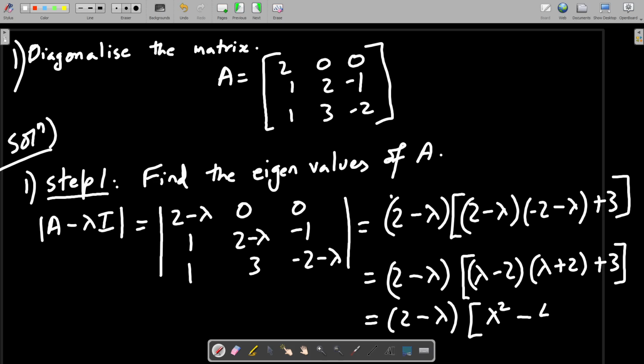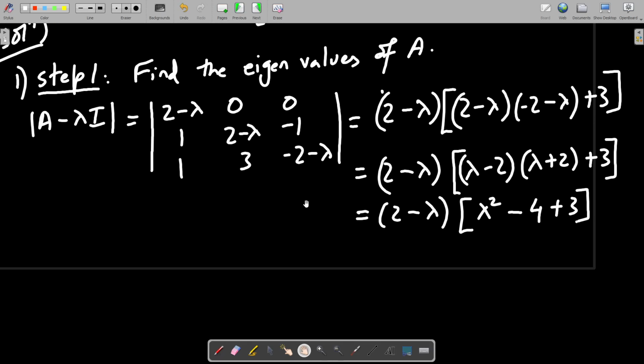What will remain is only minus 4. Minus 2 lambda and plus 2 lambda cancel, no? Okay. Lambda square minus 1.